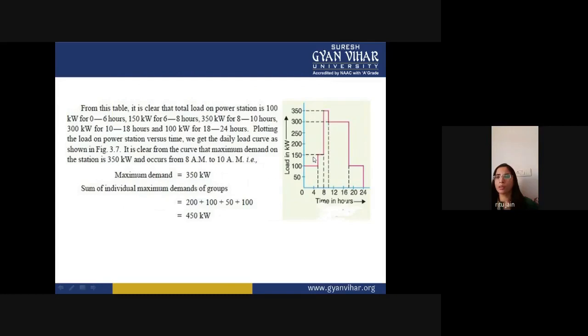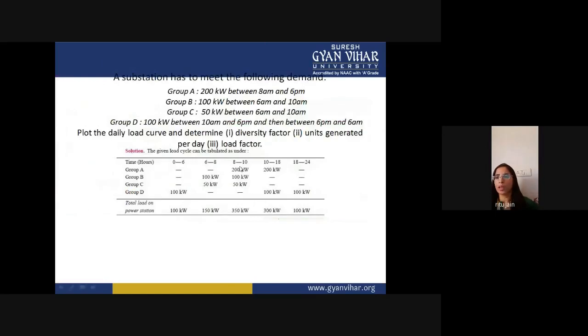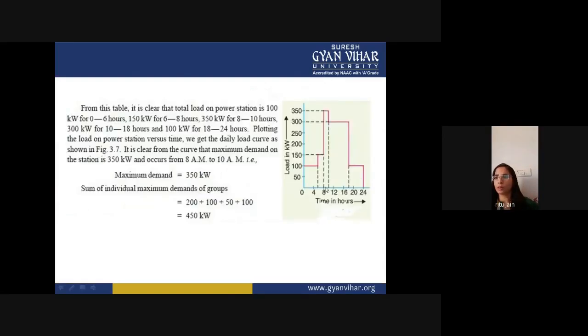So you can easily plot that, your 150 kilowatt load. After that, from 8 a.m. to 10 a.m. you required 350 kilowatt.